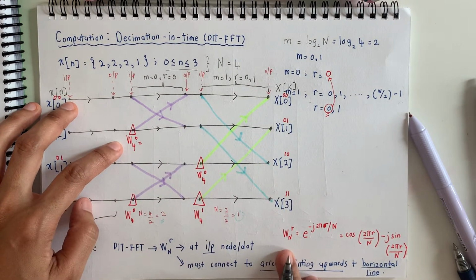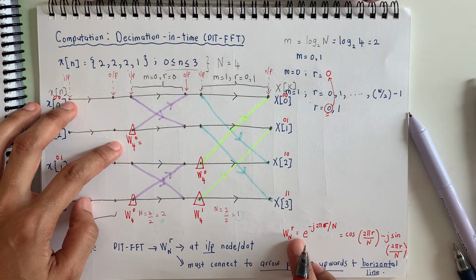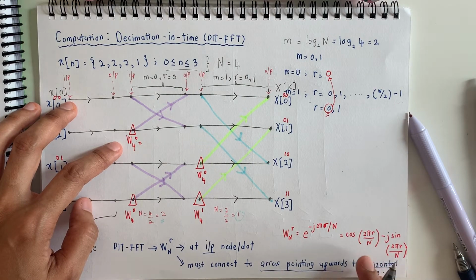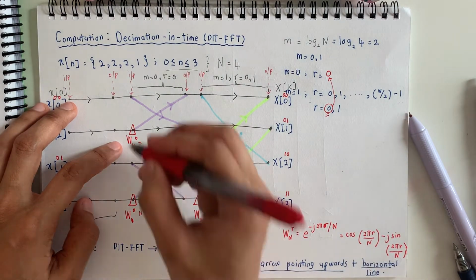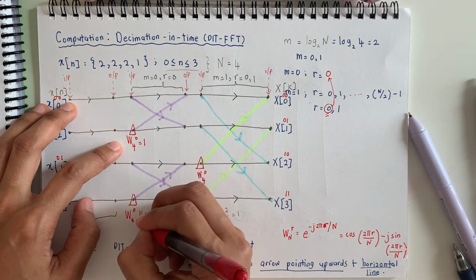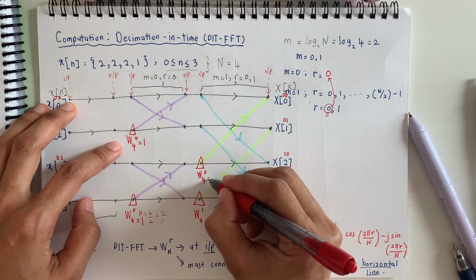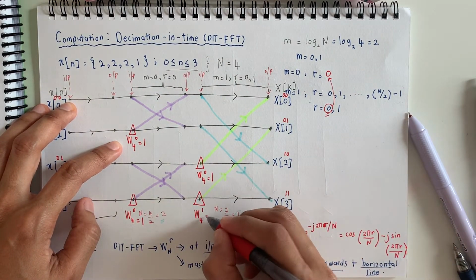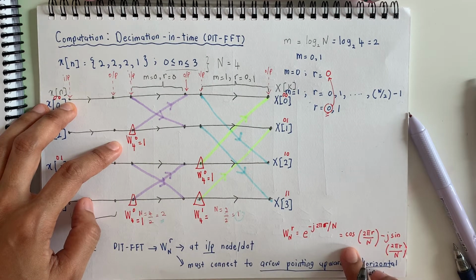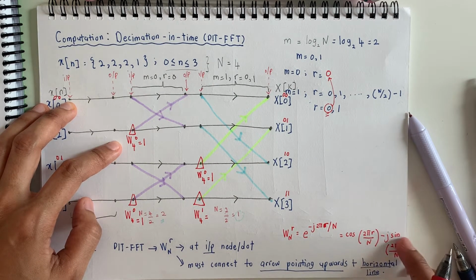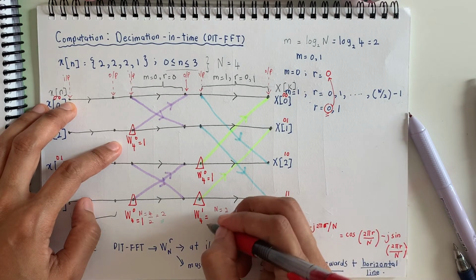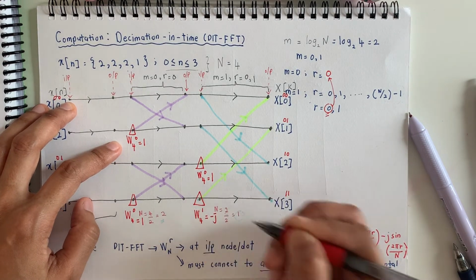W for 0 is cos 0, and cos 0 is 1. So W for 0 is 1. W for 1 is cos 2 pi over 4 minus j sin 2 pi over 4, which is equal to minus j.